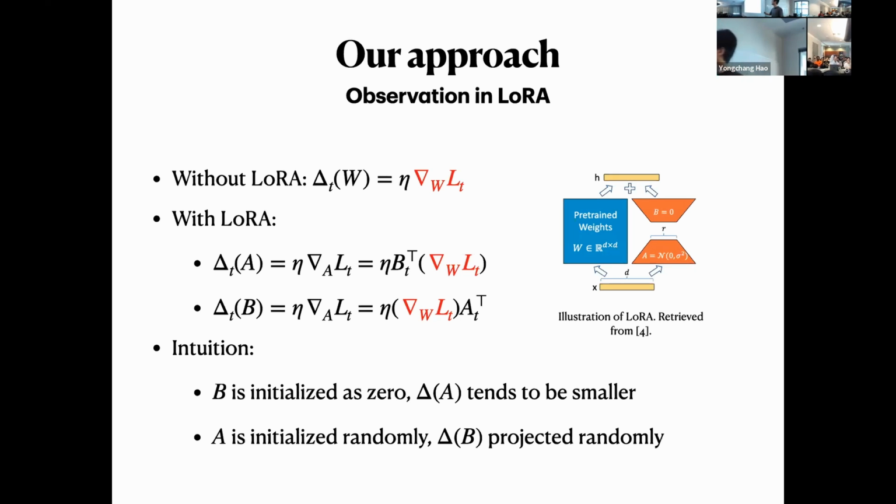And this is the same for A and B. W does not affect the gradient of A and B if you have the gradient of H. Okay. By some rearrangement, you will get this equation: gradient of A will always be this, and gradient of B will always be that.